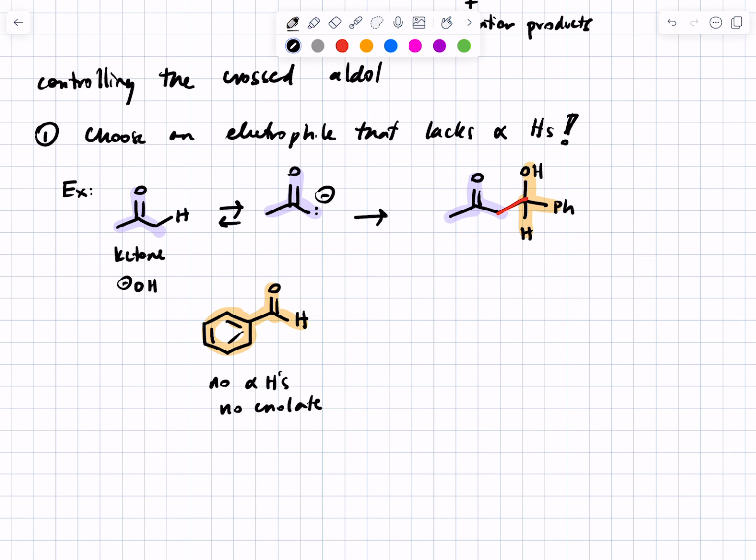You can hope to get this cross-aldol product and none of the potential cross-aldol products where the aldehyde becomes the enolate, because there's no way to make the enolate there. Of course, you would also get the dehydration product, which I'm not drawing, but which you could draw. It would just be the alpha-beta unsaturated carbonyl compound.